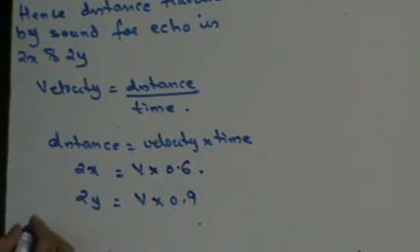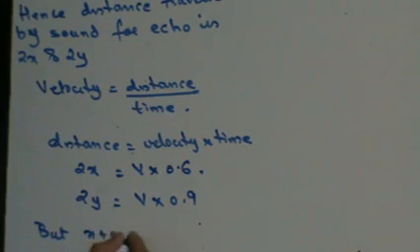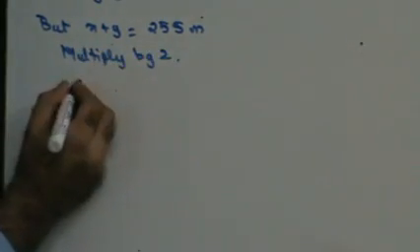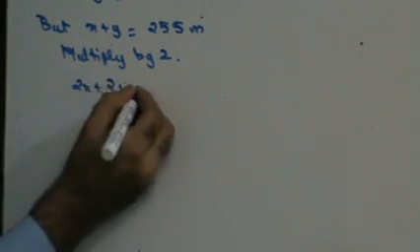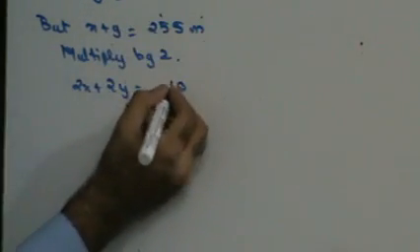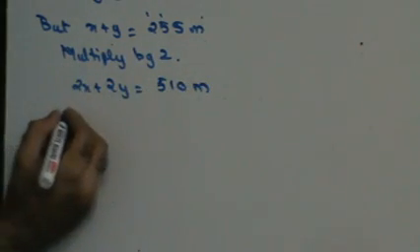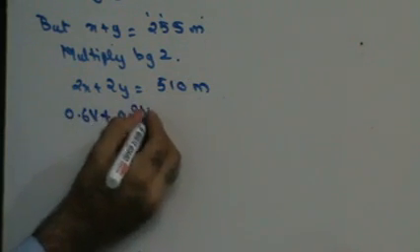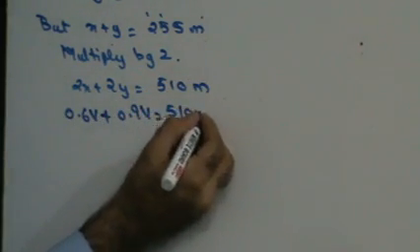Now, but they have given me that x plus y is 255 meters. If I multiply by 2, I'll get 2x plus 2y is 510 meters. 2x is 0.6v, 2y is 0.9v, which is 510 meters.